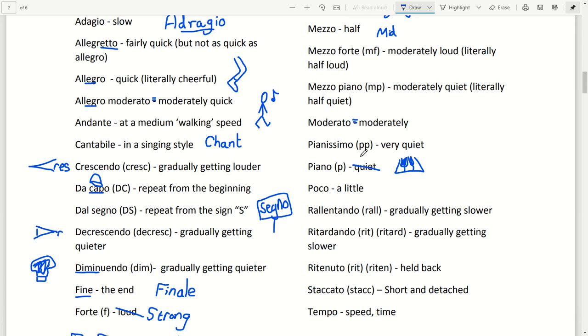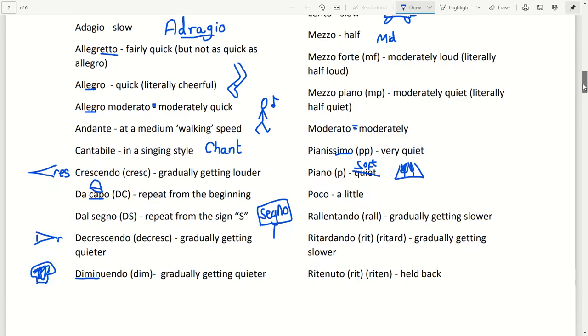It's not quite as soft. I mean, it is quiet, but technically it means soft. Because if you wanted to play the piano softly, you would press it more gently. You'd play it softly. Whereas to make an instrument loud, you have to play it strongly. And pianissimo, the issimo, we already know from fortissimo, means very.